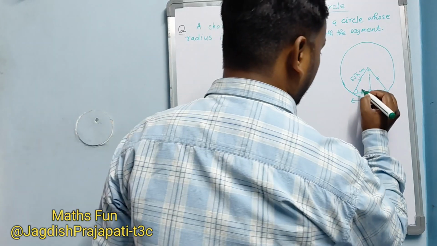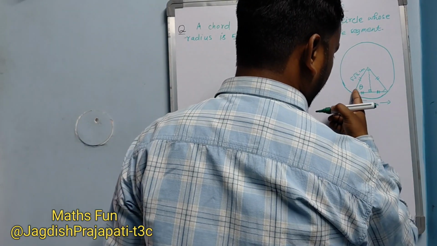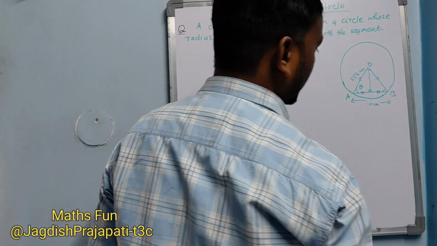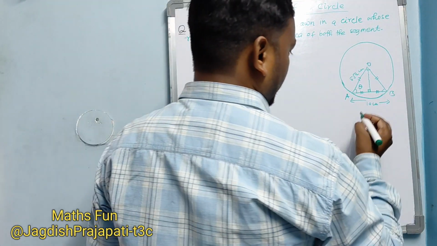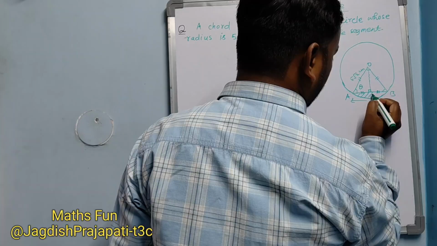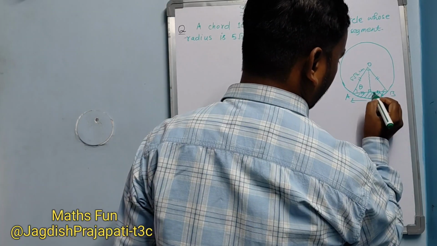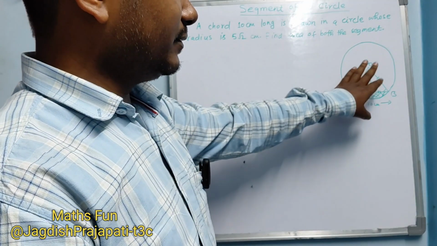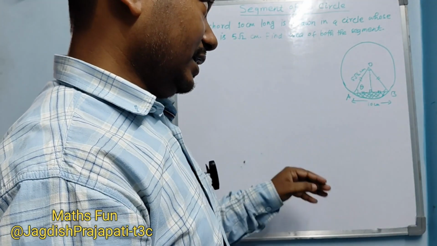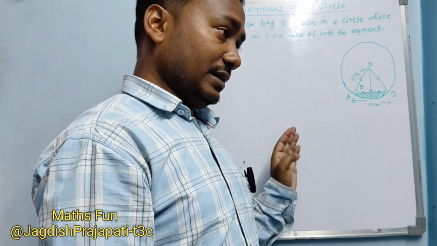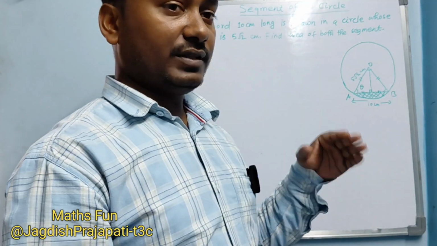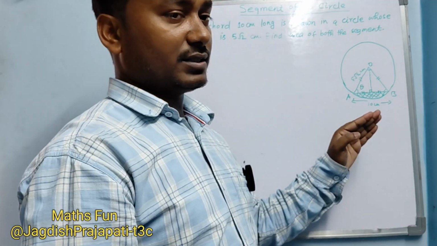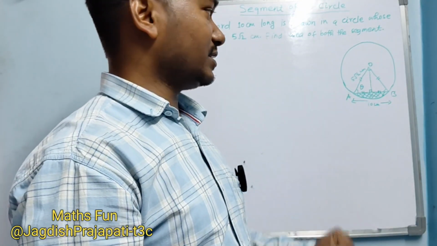Let this angle be theta. AB is a chord, O is the center of the circle. So we have to find the area of the minor segment and then the major segment. The area of the circle minus the area of the minor segment will be the area of the major segment.